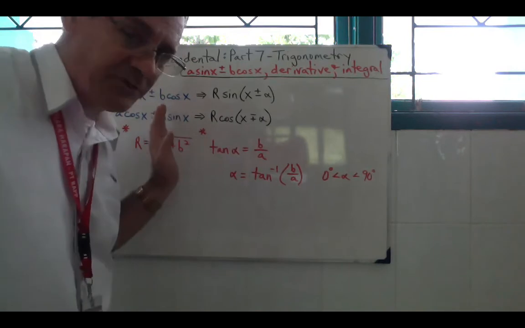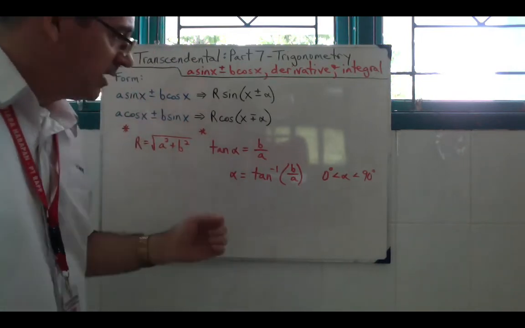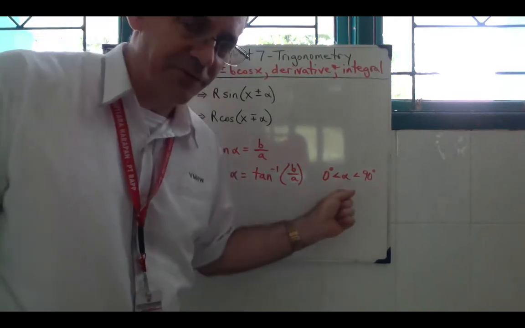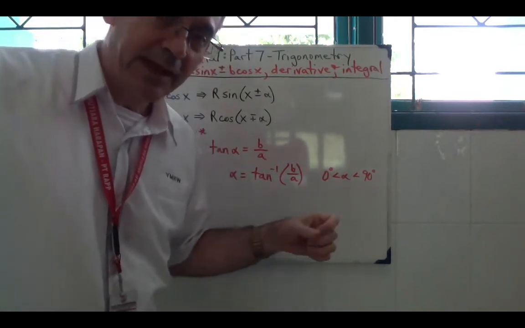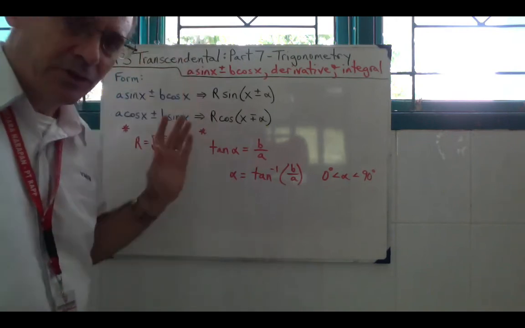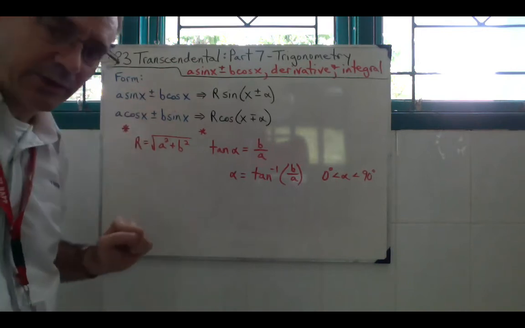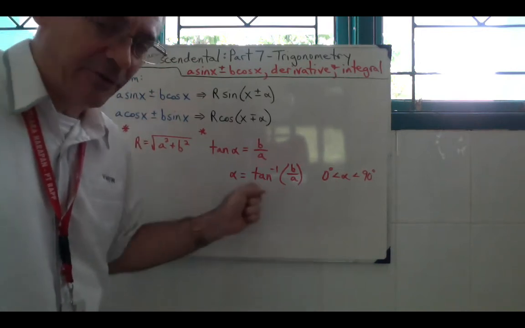And you don't have to pay attention to the signs as in positive or negative, because you are limited to the first quadrant anyway, and all trig functions are positive in the first quadrant. So just ignore the plus and minus when you're working with the b in the alpha part.